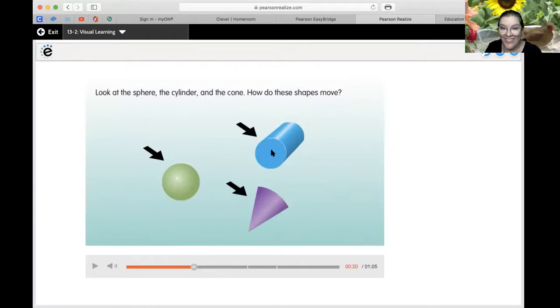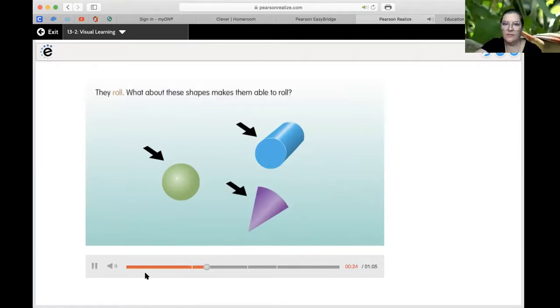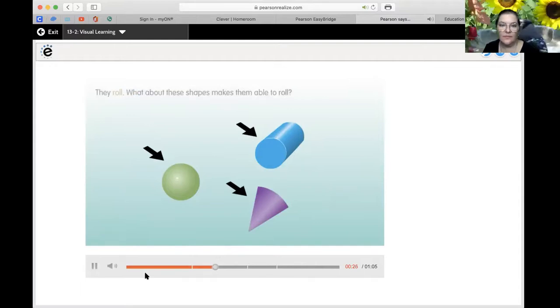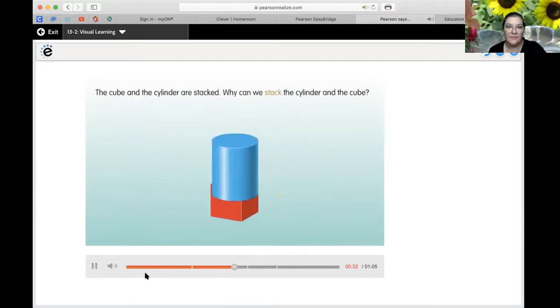The cylinder rolls, the cone rolls, they all roll. What about these shapes makes them able to roll? Part or all of them is round.